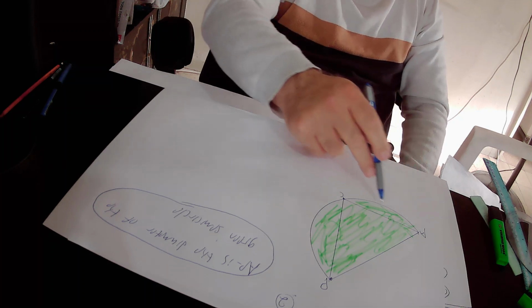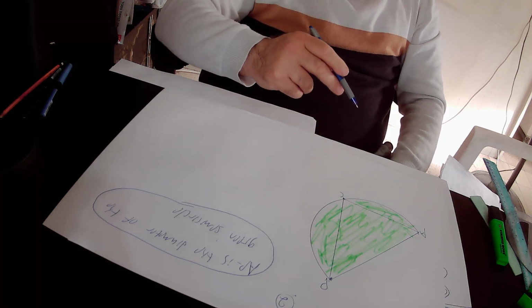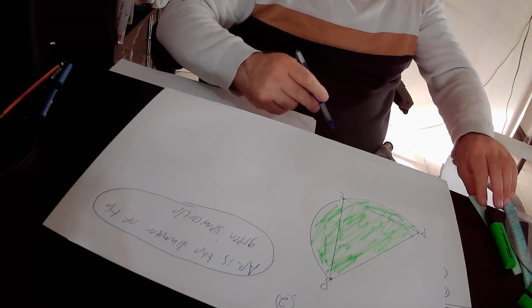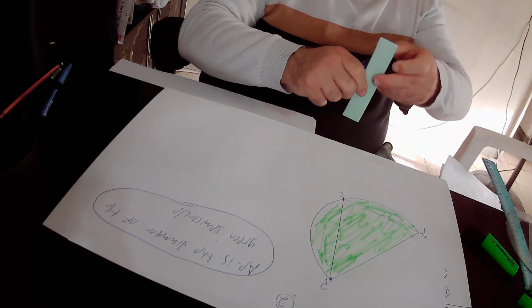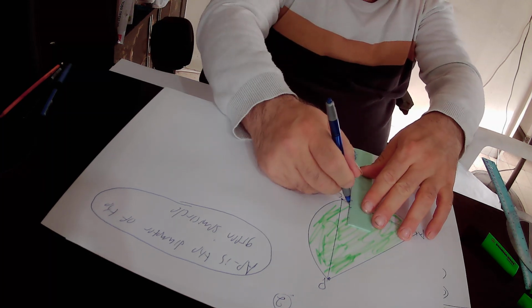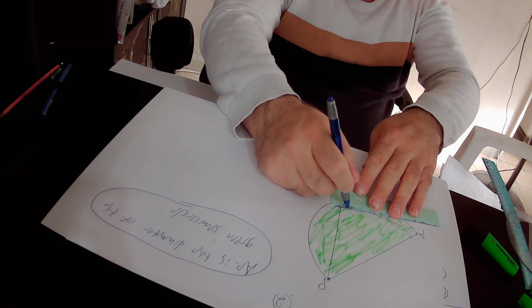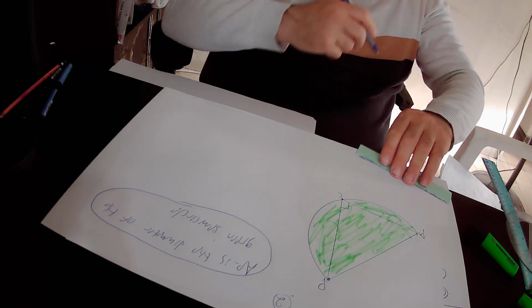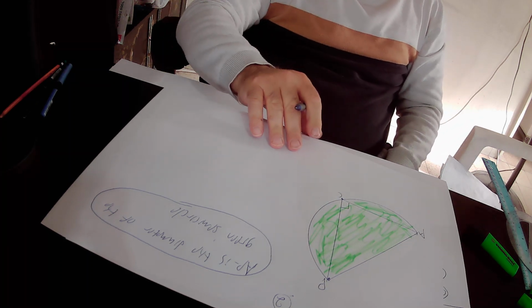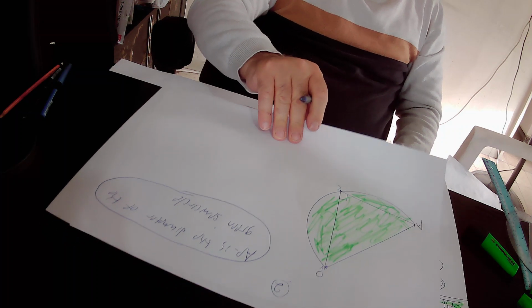Therefore, peripheral angle ACP must be equal to 90 degrees in its size. Peripheral angle ACP equals 90 degrees in its size. It is a right angle, according to rule 7.